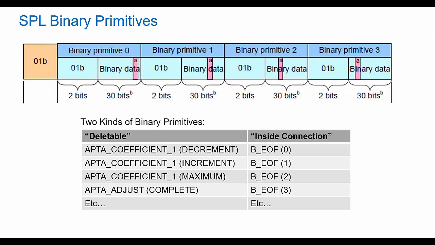The second type only occur inside a connection, like the new SPL framing ordered set, binary EOF. This is the new frame delimiter for data packets. Binary primitives, well, really all primitives are unscrambled on the wire and can't be intermixed with data. So you'll only see this new end of frame binary primitive at the very end of an SSP data frame.